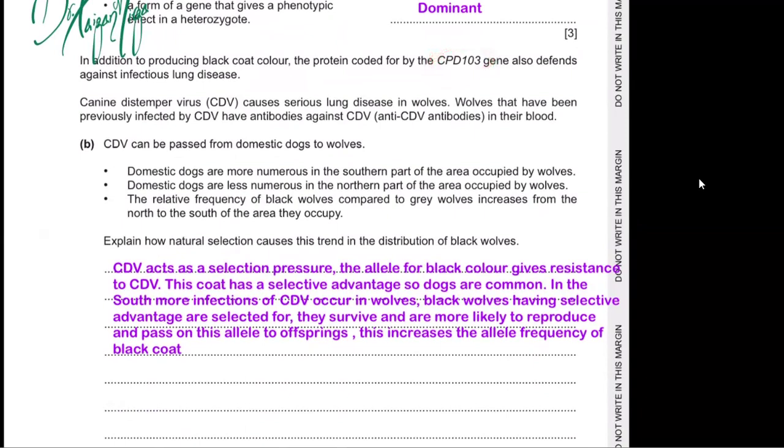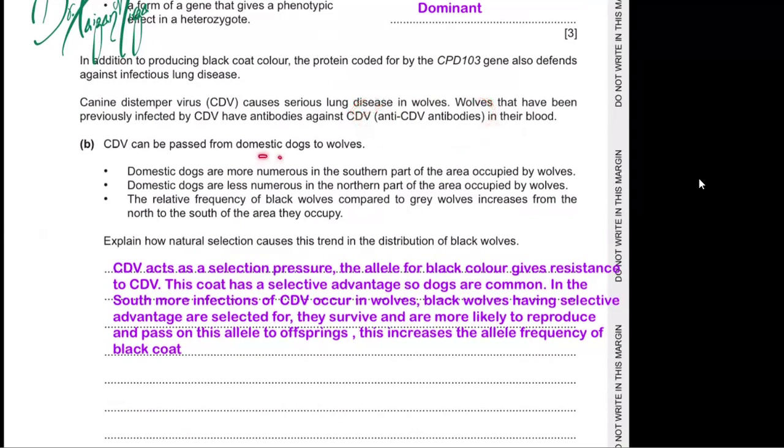Wolves that have been previously infected with CDV have antibodies against CDV, anti-CDV antibody. We know that any mammal, when we get infected by an antigen, we produce antibodies against it, and the antibodies keep circulating in our blood for a long time, and the memory cells are there and all. We study that in AS. So the anti-CDV antibodies will be there in the wolves that have been infected with the virus earlier.